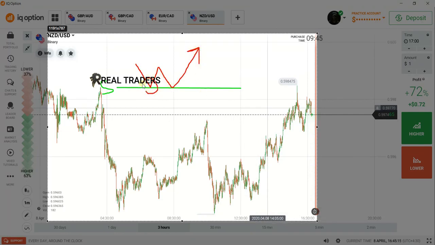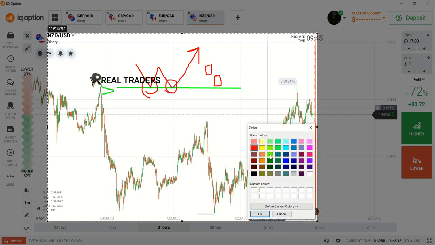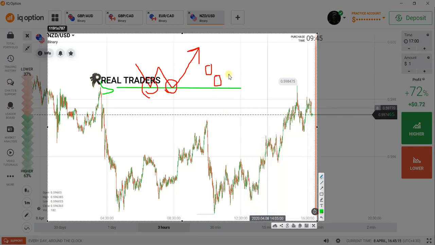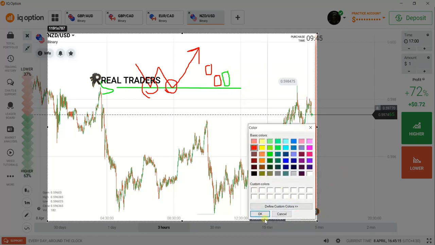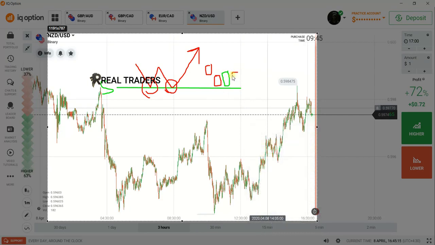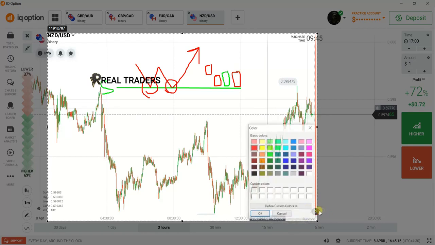So the double bottom pattern is showing us a bearish candle hits the level, and again you can see a buyer's candle. Again the market hits the level, and again you are seeing a bullish candle.